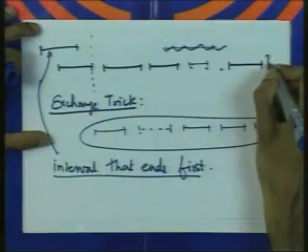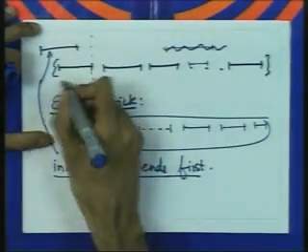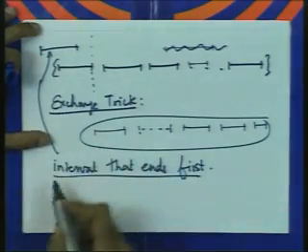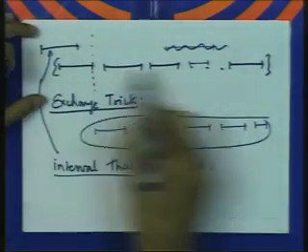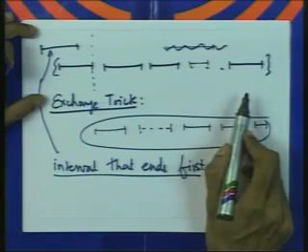So, what you do is look at any optimum, and look at the interval that ends first. So, we go back to our previous figure. Supposing this were the optimum solution, and supposing it already contained the interval that ends first, you are done. So, there is an optimum solution that contains the interval that ends first.